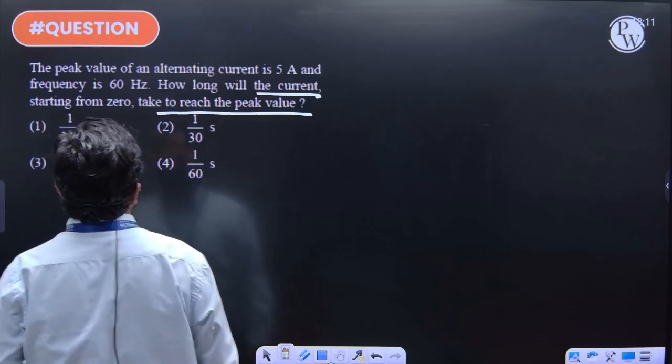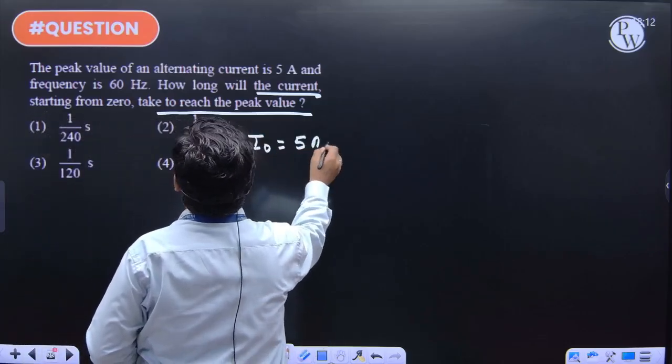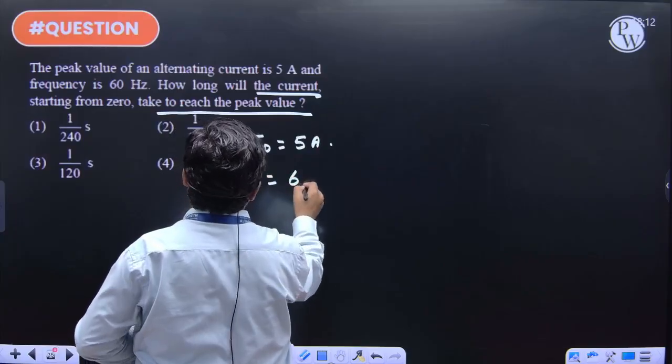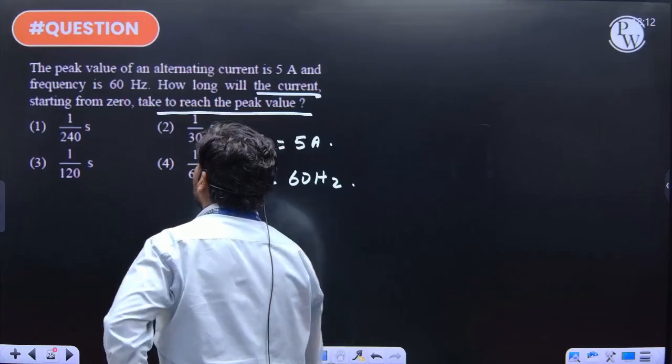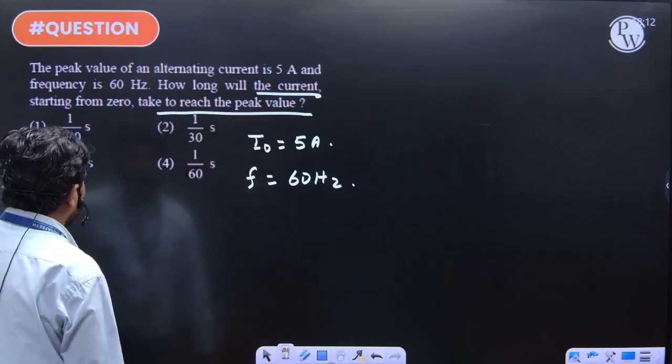Okay. Peak value means what is given? I naught is given. How much is it? 5 ampere. Frequency 60 Hz. How long will the current starting from 0 take to reach the peak value? How much time will it take to reach the peak value?